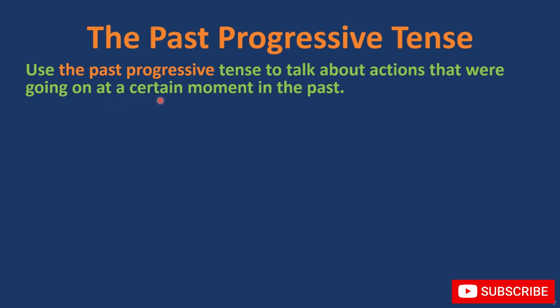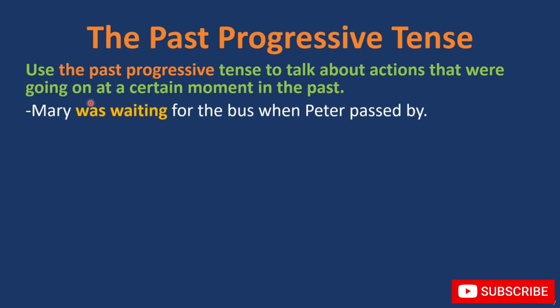Something was happening at a specific time in the past. Mary was waiting for the bus when Peter passed by. So when I say Mary was waiting, this action was happening in the past.